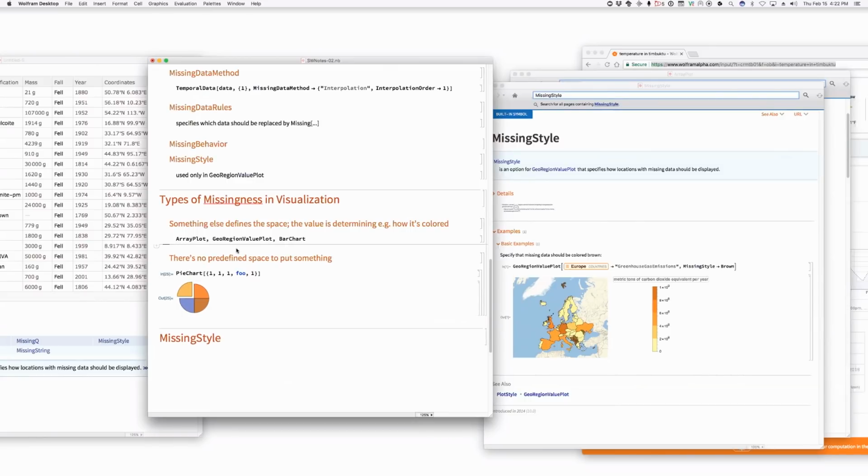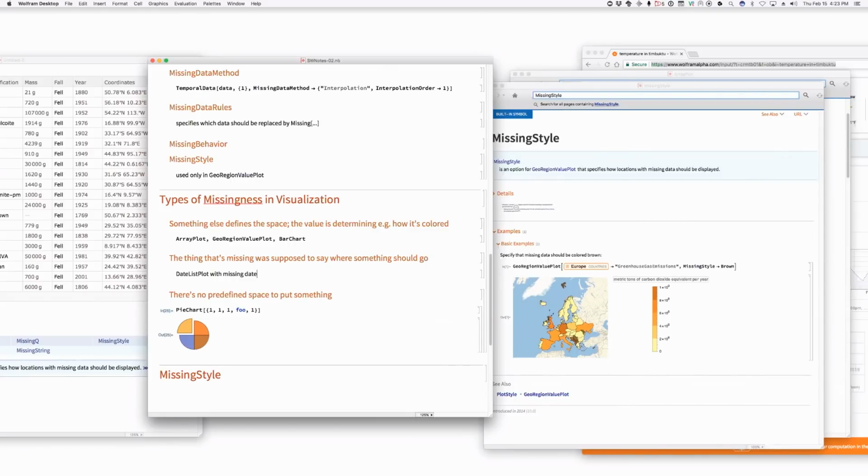Okay, well, hold on. There's another category here where the thing that's missing was supposed to say where something should go. That's date list plot with a missing date, for example. Okay, why would you separate bar chart from the first thing?